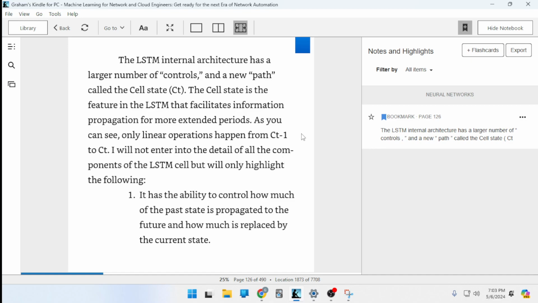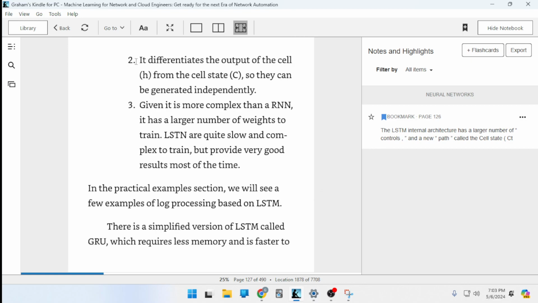Number 1, it has the ability to control how much of the past state is propagated to the future and how much is replaced by the current state.